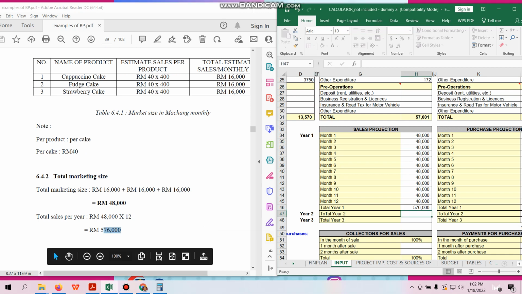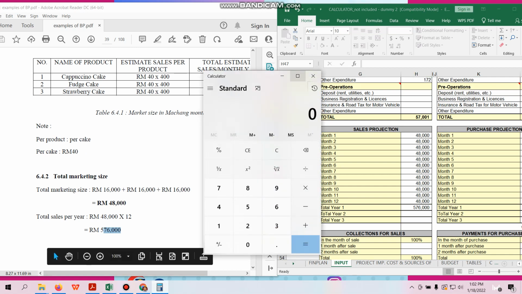As for the next year, the second year and third year, you simply use the calculator. For example, let's say you expect next year to generate about a 10% increase from the previous sales.